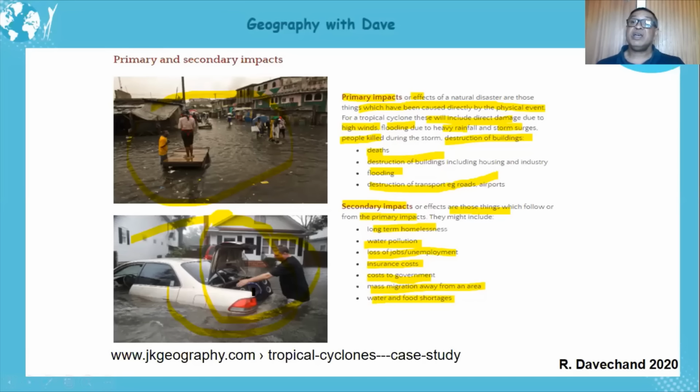Unfortunately, learners, cyclones are increasing, and we call them the super hurricanes. Super hurricanes. Why? We are also having global warming. And with global warming, there's a strong relationship, as many scientists are saying, because it's getting hotter, and remember the tropical cyclone relies on heat. So the higher the temperatures, the more intense the tropical cyclone or hurricane in America.